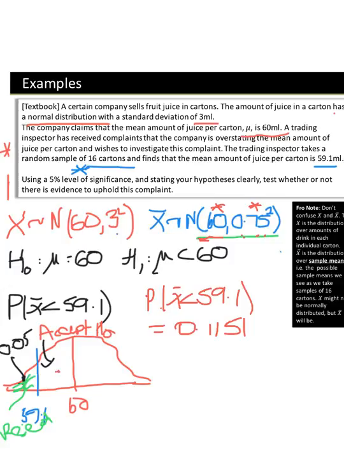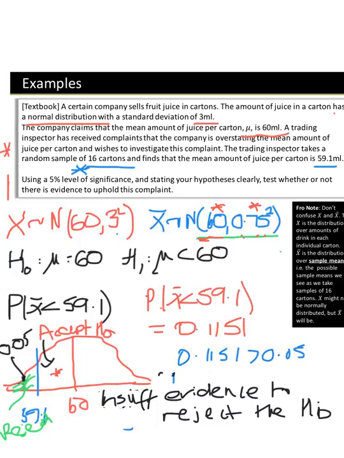Now, therefore, because it would fall in this region here, in other words, because 0.1151 is greater than 0.05, we say there is insufficient evidence to reject the null hypothesis.